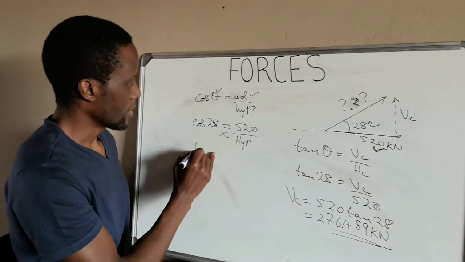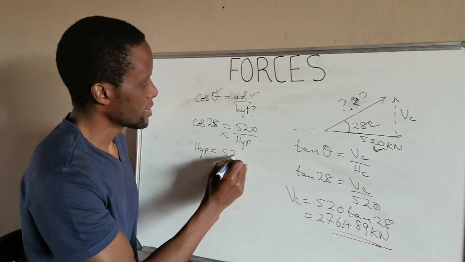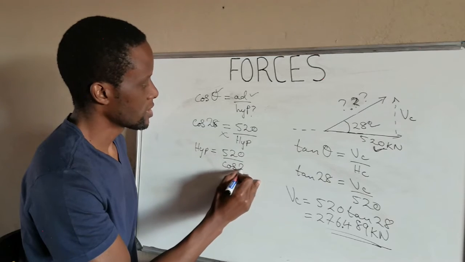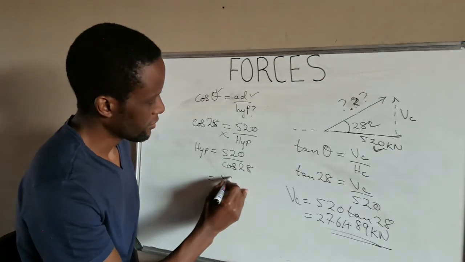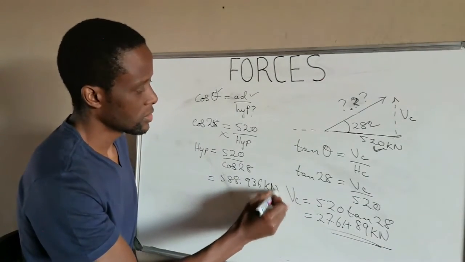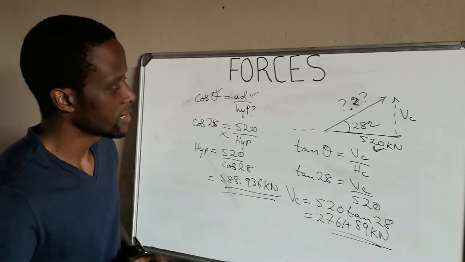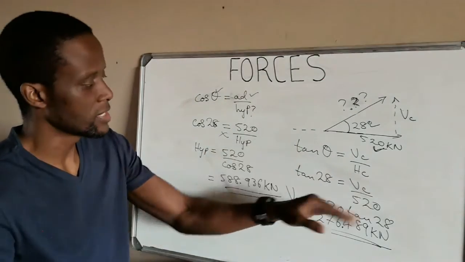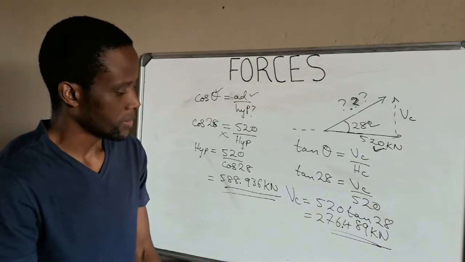So our hypotenuse is equal to 520 over cos 28, and this gives us 588.936 kilonewtons. Okay, so that is how you resolve these forces. However, the question that we had was only asking for this part. I just gave this calculation as well.